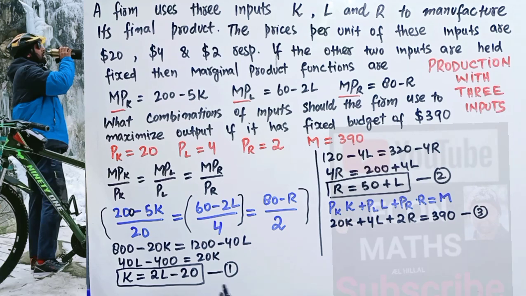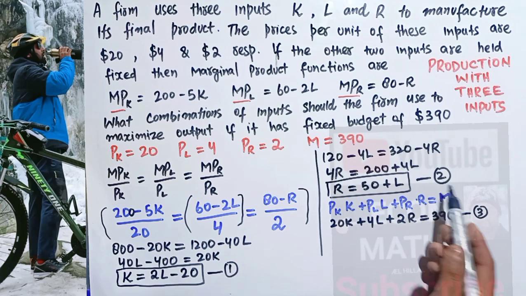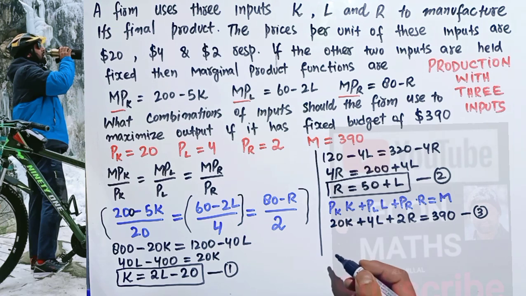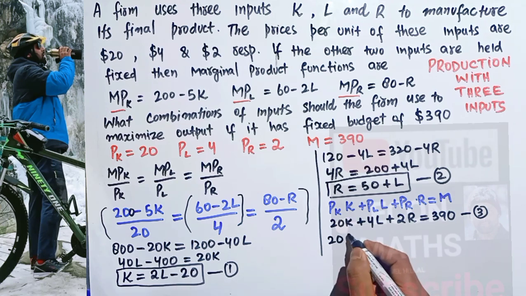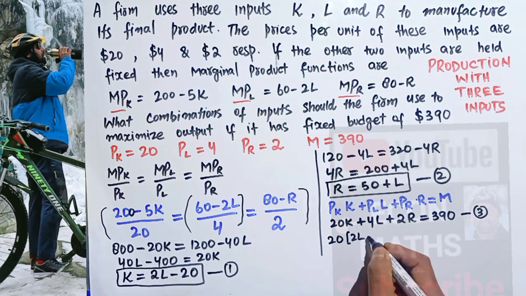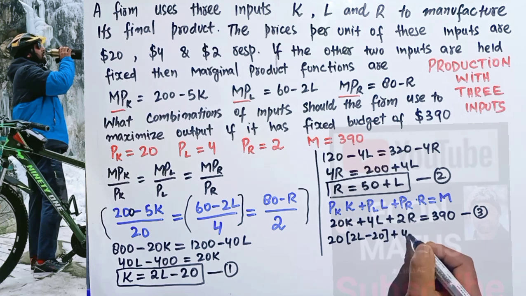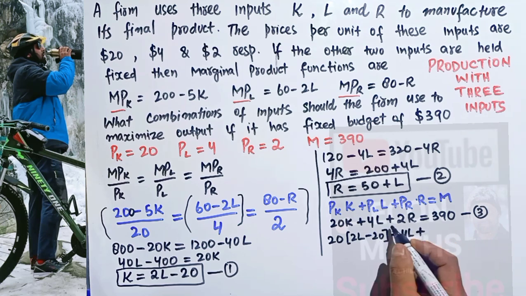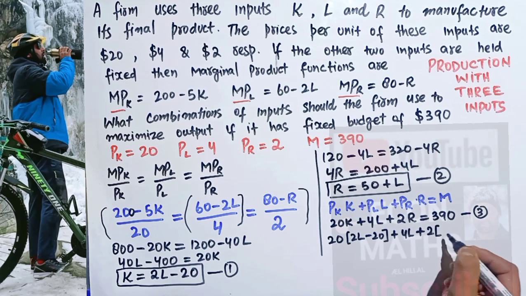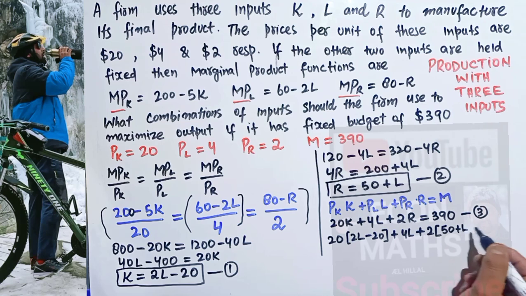What will we do? We will substitute equations first and second in equation third. So we have 20 here. In place of K we write 2L minus 20, so we have 20 into 2L minus 20, plus we have 4L plus 2 times, in place of R we have 50 plus L, should be equal to 390.